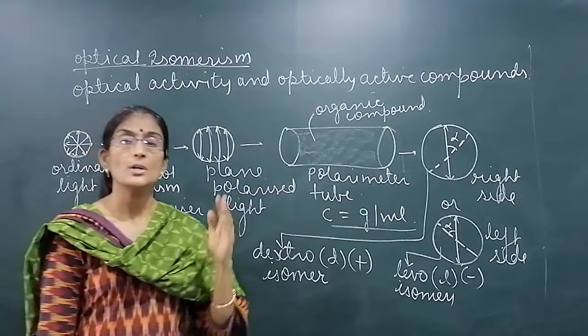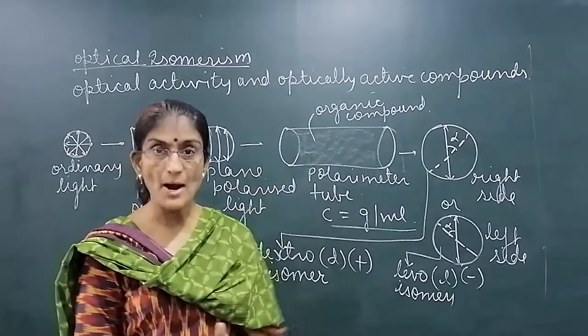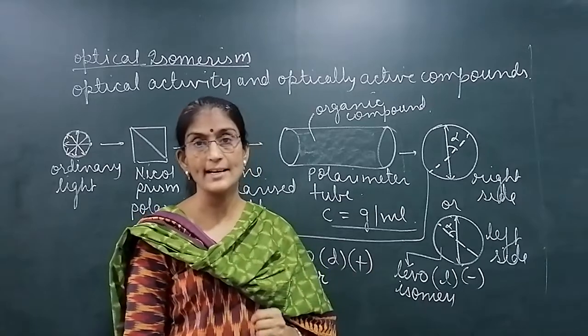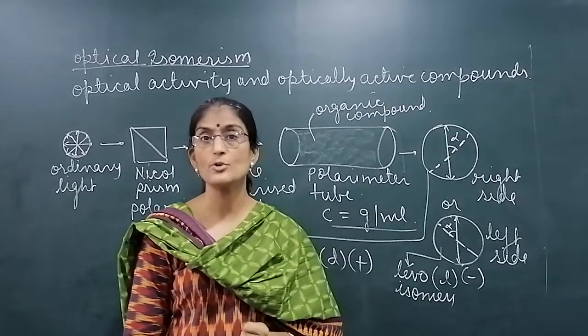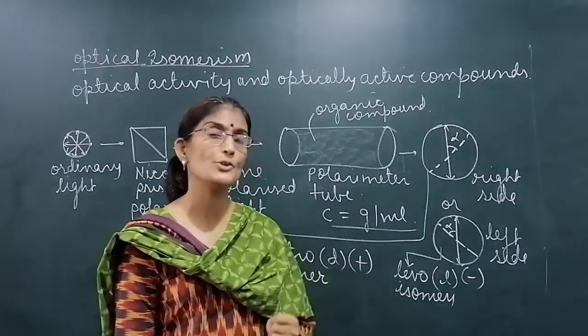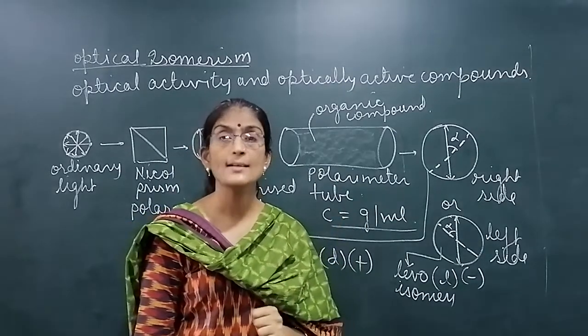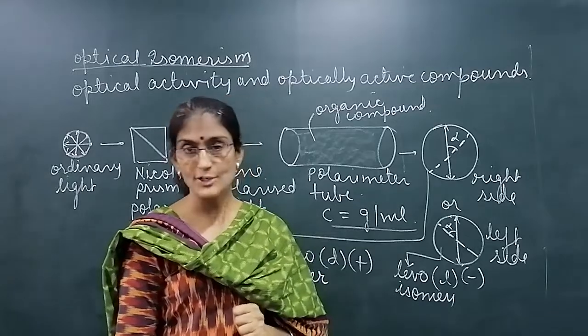What is dextro? The isomer of a compound which is capable of rotating the light towards the right side, and levoisomer is the isomer which is capable of rotating the light towards the left side. These two, dextro and levo, are known as optical isomers.